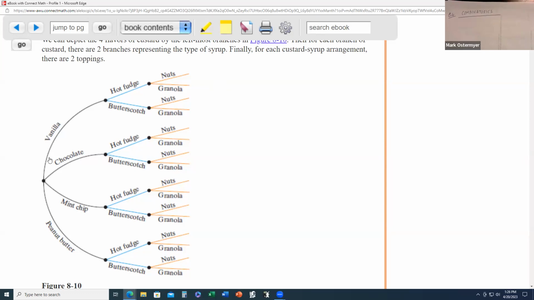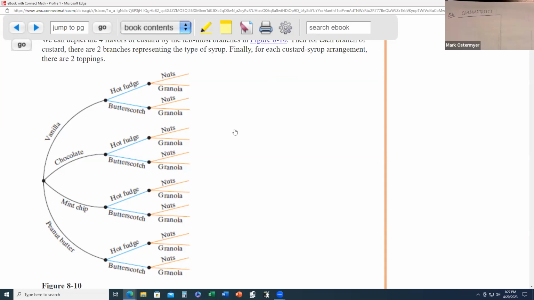You could construct a sundae that has vanilla, hot fudge, and nuts, or vanilla, hot fudge, and granola, or vanilla, butterscotch, and nuts, or vanilla, butterscotch, and granola, or chocolate, hot fudge, and nuts, or chocolate, hot fudge, and granola, chocolate, butterscotch, and nuts, chocolate, butterscotch, and granola, mint chip, hot fudge, nuts, mint chip, hot fudge, granola, mint chip, butterscotch, nuts, mint chip, butterscotch, granola, peanut butter, hot fudge, nuts, peanut butter, hot fudge, granola, peanut butter, butterscotch, nuts, peanut butter, butterscotch, granola. How many different sundaes are possible? Was anybody keeping count?